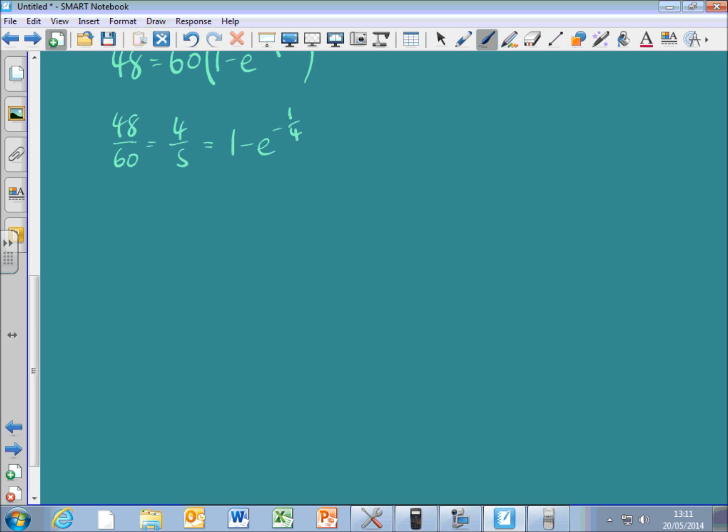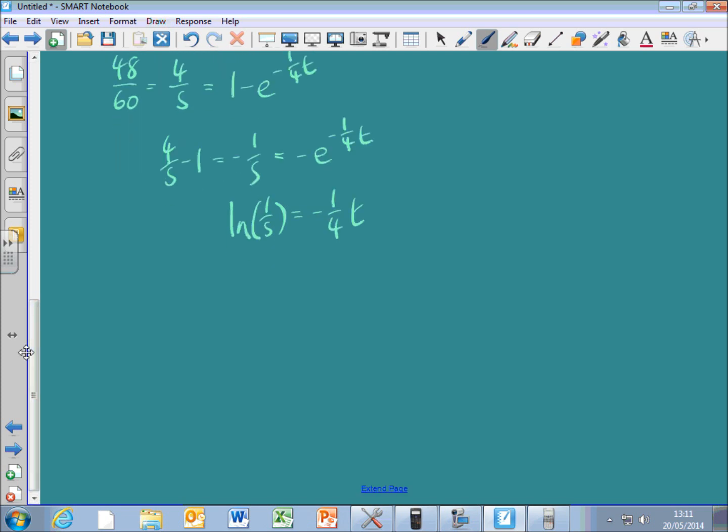I'm going to take away 1 from both sides, so this is 4/5 take 1, which is going to be minus a fifth. That equals that. I'm going to times by minus 1 on both sides, and ln. So I get ln of a fifth is equal to minus 1/4 t.